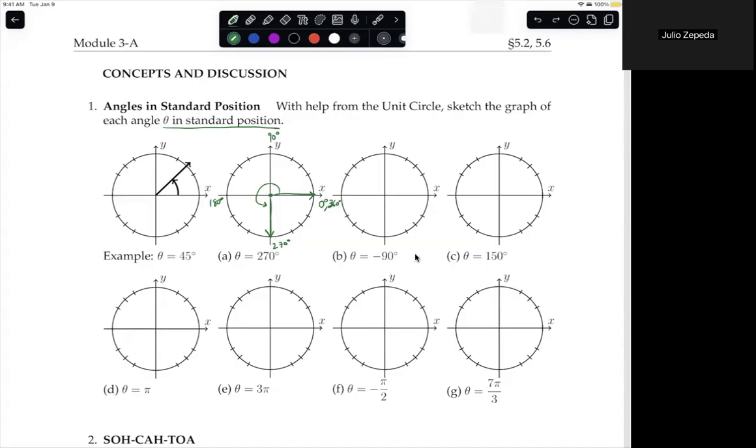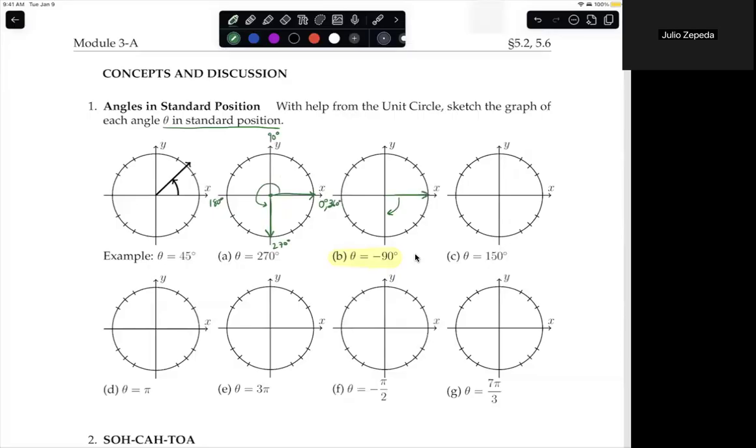Okay, so there in green, we have 270 degrees. A positive angle is measured starting at the positive x-axis and going counterclockwise. Then we go to the next problem. We want to graph theta equals negative 90 degrees. If positive 90 degrees is counterclockwise, then negative 90 degrees will just be a clockwise rotation.